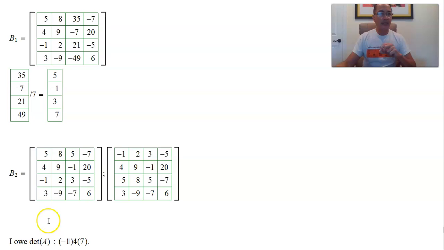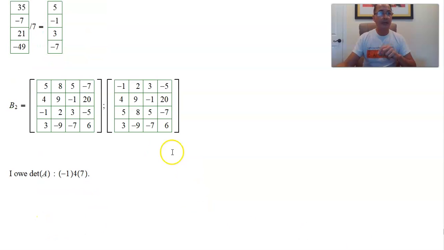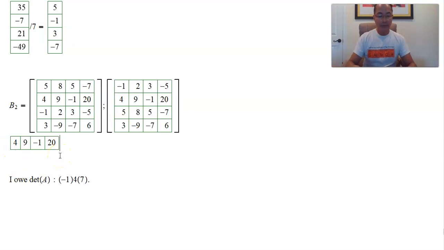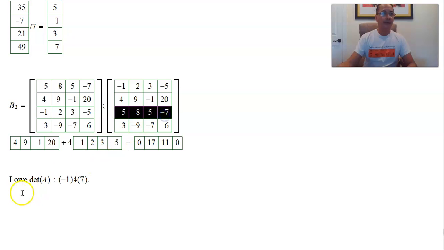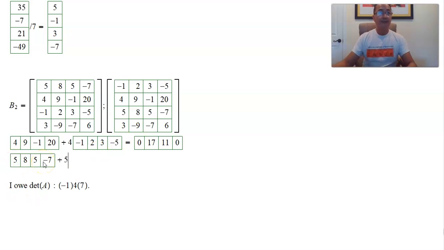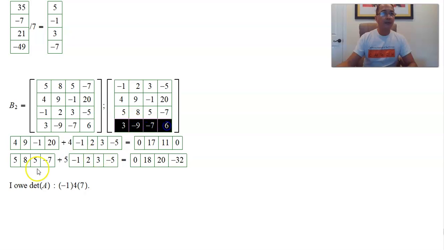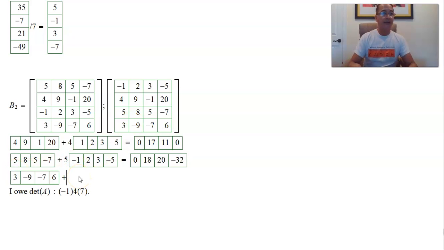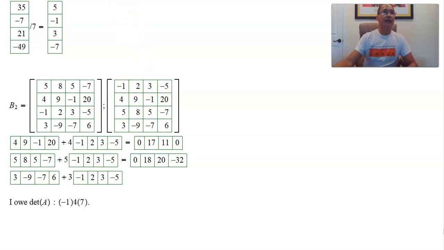Okay, and now we will do type 3 row operations. We'll take row 2, we will add 4 row 1, this, row 3, add 5 row 1, we get this, and row 4, we will add 3 row 1, and we get this.